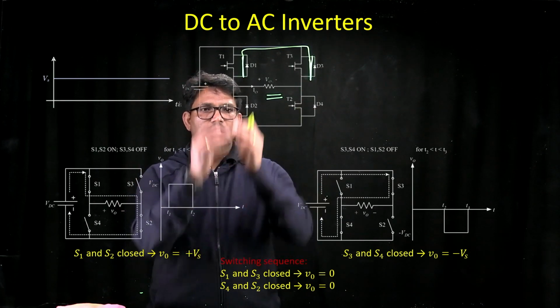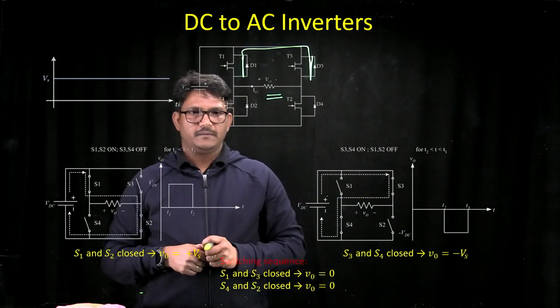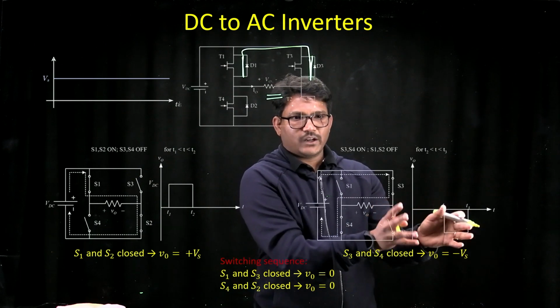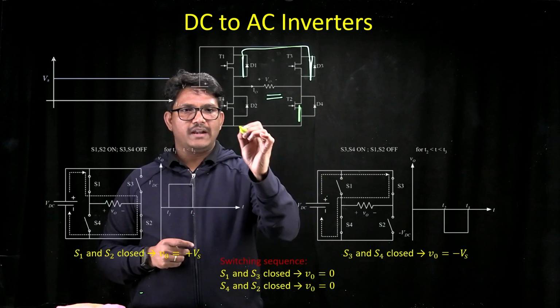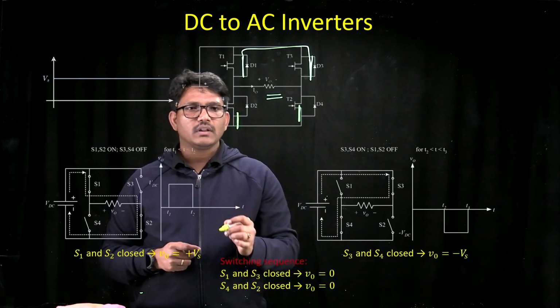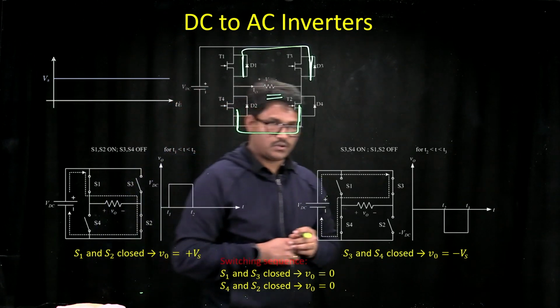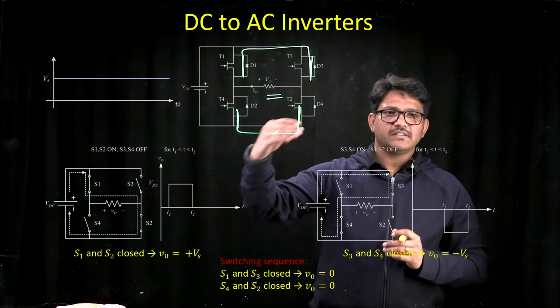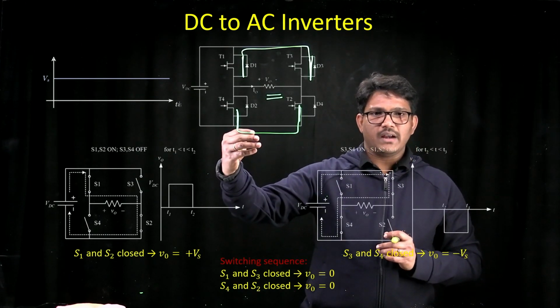So when you turn on your 1 and 3, then your output voltage is going to be 0 here. Now let's say after this stage of negative voltage, if you turn on your switch 2 and 4, then your output voltage is connected to a short circuit, where your output voltage will be 0.